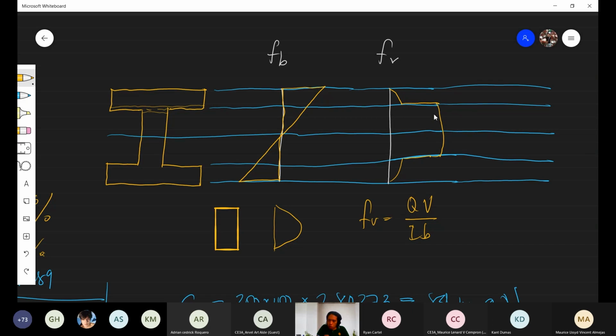Most of the stresses are distributed in the web. But in the beam, most of the stresses are distributed in the flanges.